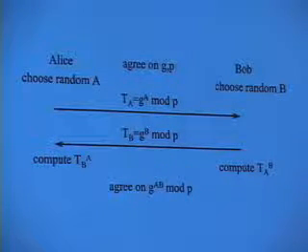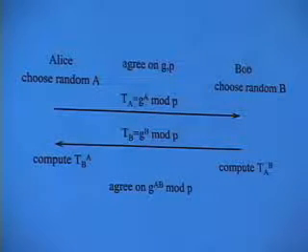But the interesting thing now is the following. Once Alice gets Bob's T sub B and Bob gets Alice's T sub A, they can each take those received values and raise them to their own private value. So Alice now receives T sub B. So I'm looking at the bottom left here. Alice receives T sub B, which again is G to the B mod P. That's one big number.